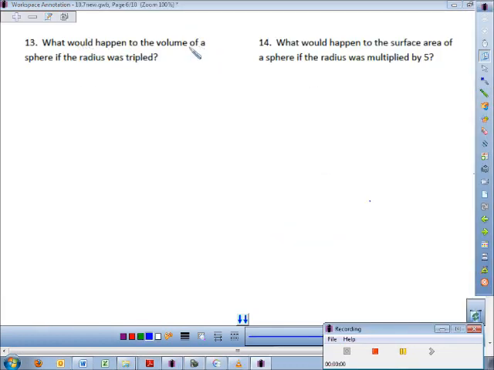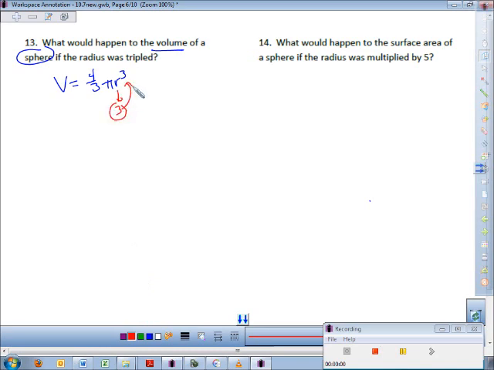What would happen to the volume of a sphere if the radius was tripled? So volume of a sphere is 4/3 pi r cubed. They tripled the radius, so take that to the 3rd power, and what shoots out of there is a 27. So multiplied by 27 is what would happen.